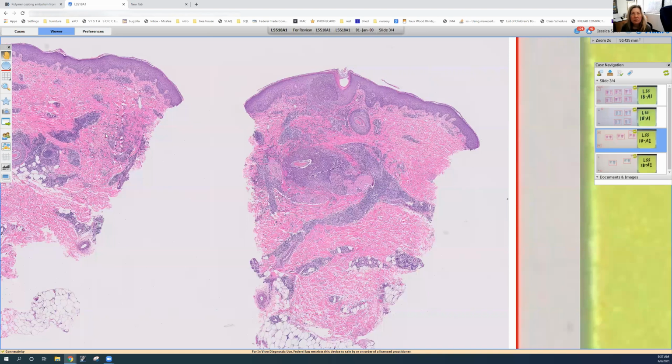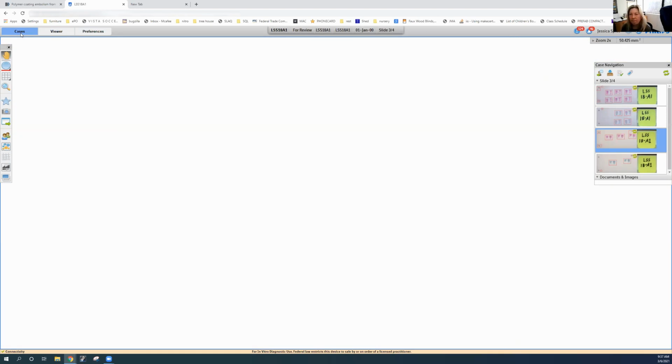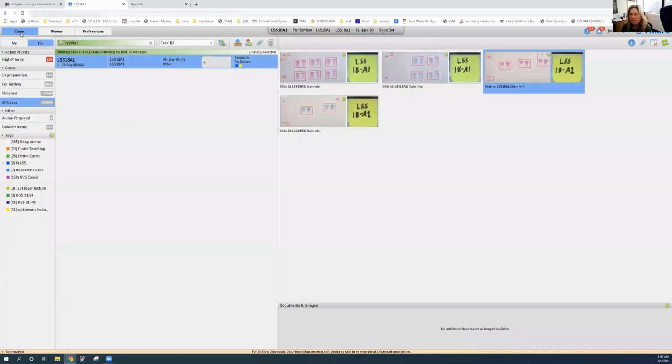All right, let's go to the next case. We could see the dermatophyte in that case pretty well because there were so many of them.